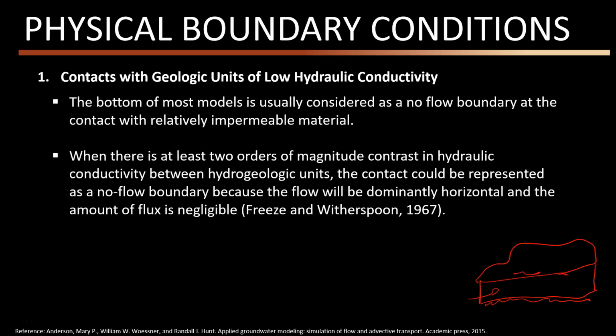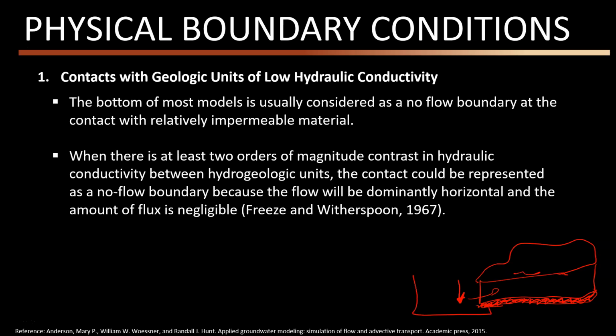Usually in most models, and you're going to see later why that is the case in the next slides, for the bottom of the groundwater system we extend the system vertically until we reach a reasonable no flow boundary condition or impermeable layer. So this is the rule of thumb that we usually follow in the Z direction.